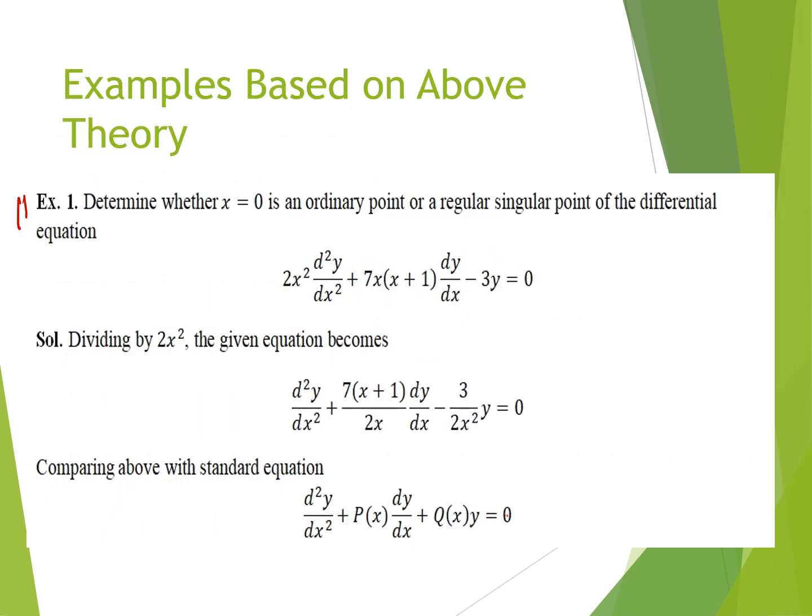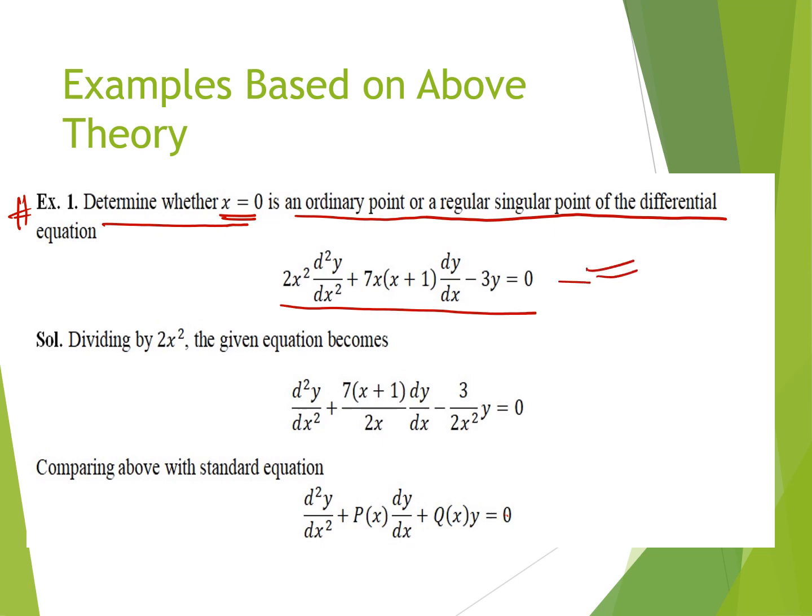Now we consider one example. Determine whether x equals 0 is an ordinary point or a regular singular point of the differential equation 2x square d square y by dx square plus 7x (x plus 1) dy by dx minus 3y equals 0. To convert this equation into the standard form, we divide the complete equation by 2x square.